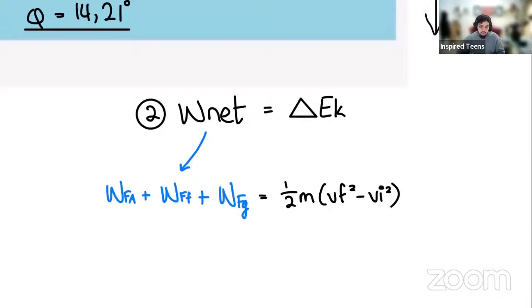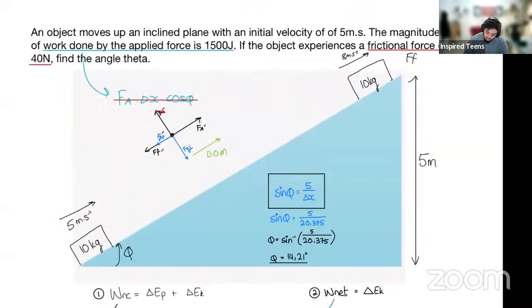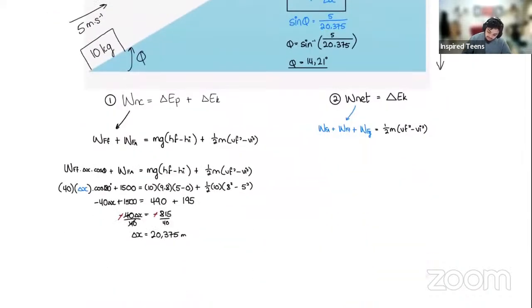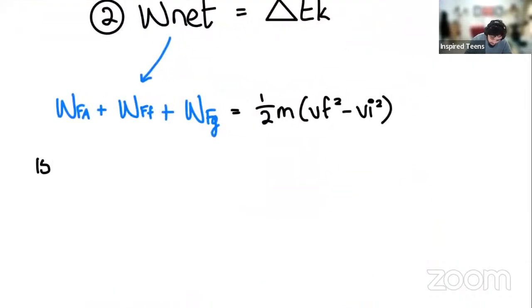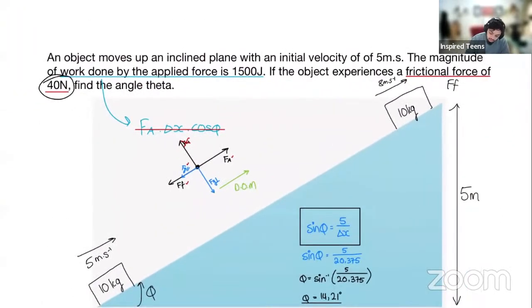I hope you guys are with me. Tell me if you've lost me. So applied force, remember, the work done by the applied force was given as 1,500. Work done by frictional force, the frictional force is given as 40 newtons.